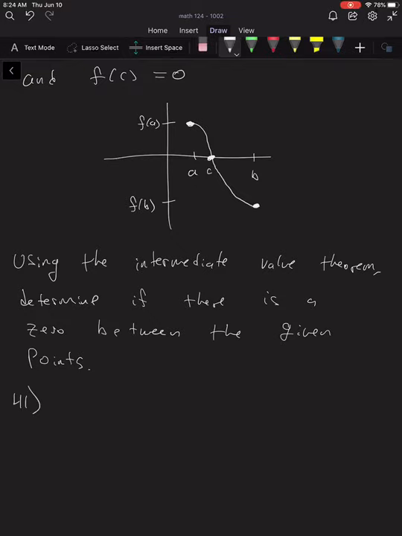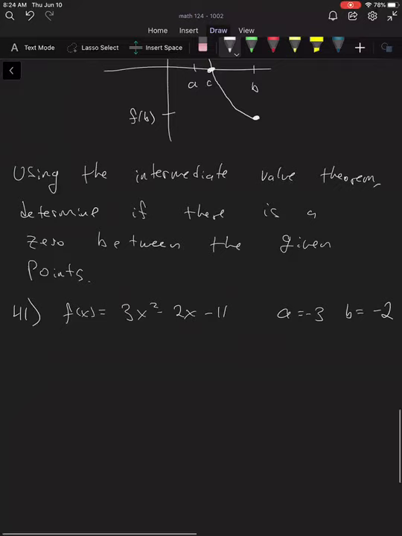So number 41, we have f of x is equal to 3x squared minus 2x minus 11. And then the given points, a is equal to minus 3, and b is equal to minus 2. So what we've got to do is plug in these 2 points and see if one of them is negative and one of them is positive, and then we'll know if there's a 0 in between the two.